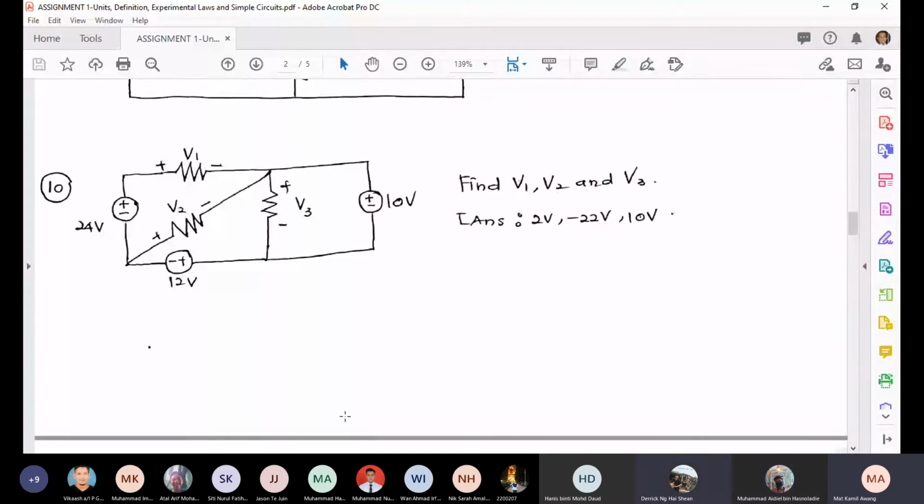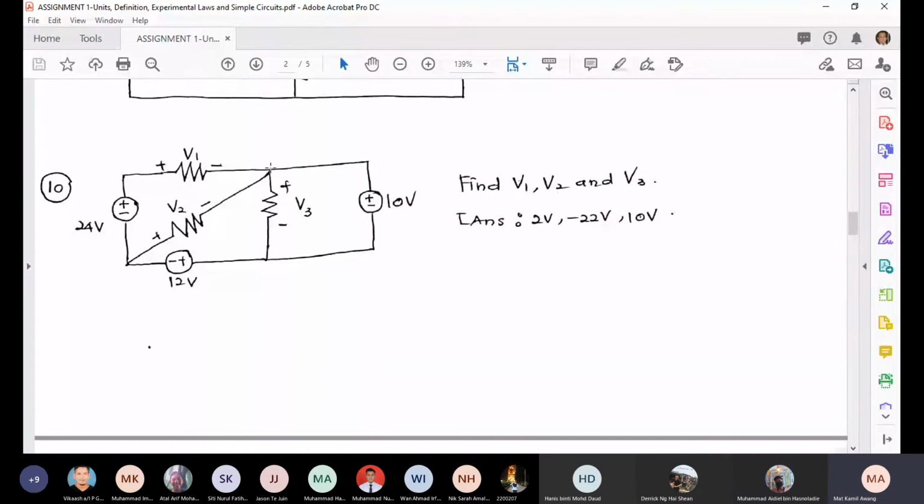So what is the value of V3? 10 volt. Because it's in parallel with this 10 volts. So V3 is 10 volts.